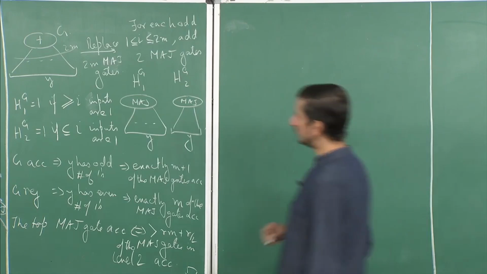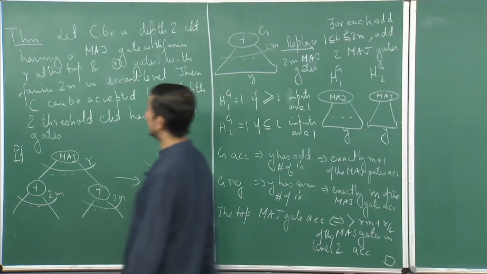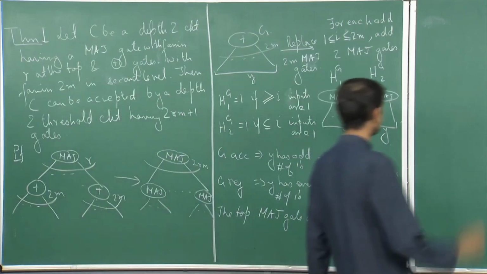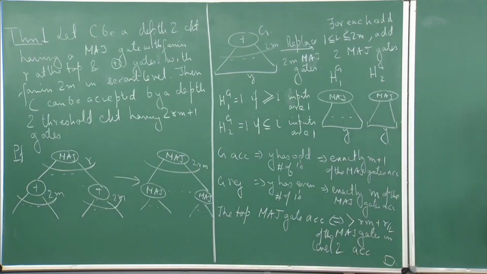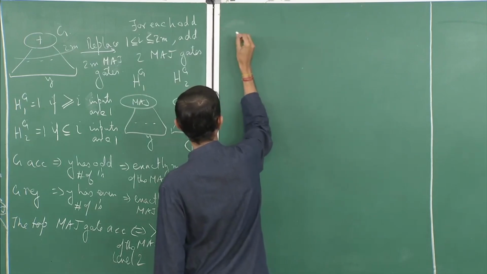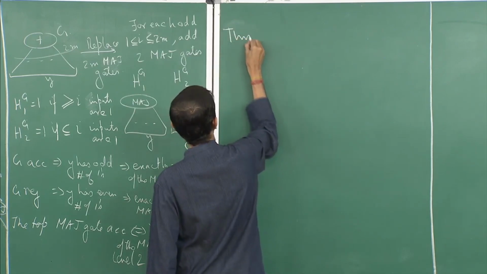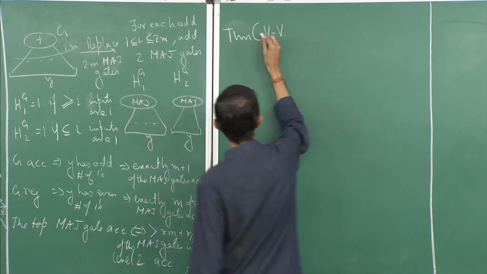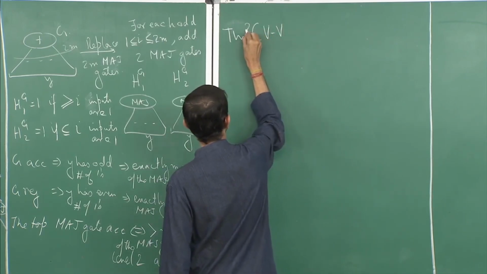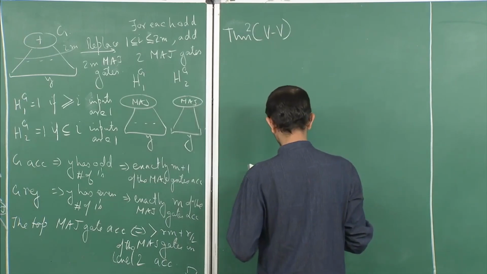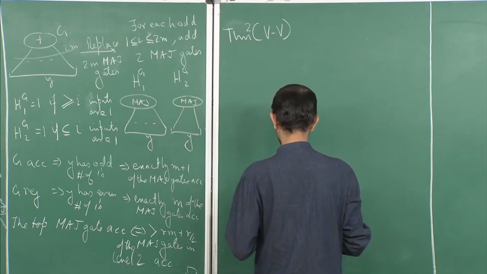So now let us come to the main technical part of the proof, that is the result due to Weyl Vazirani. Let us call this Theorem 2. So what was the statement?